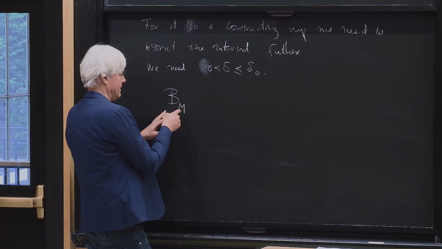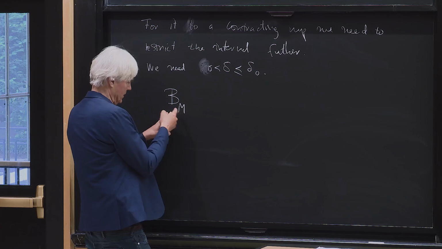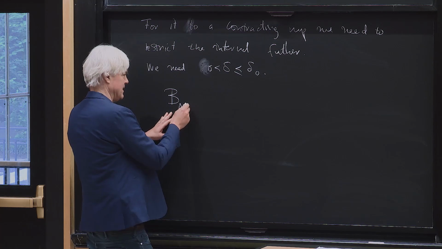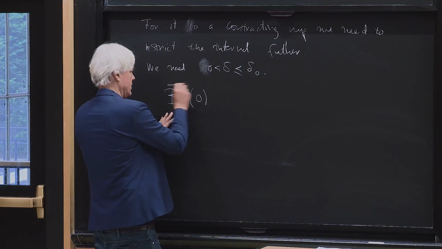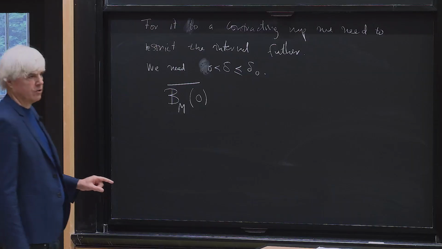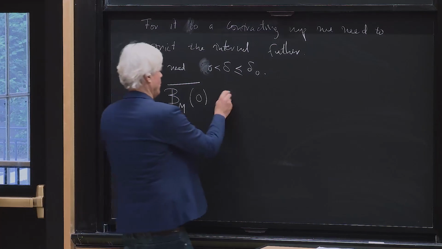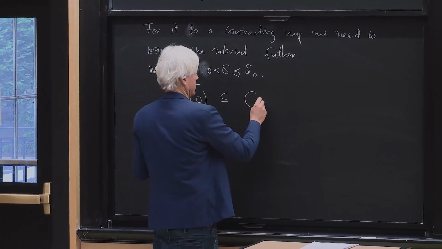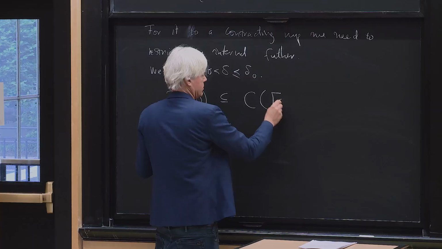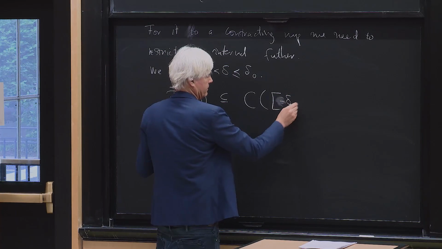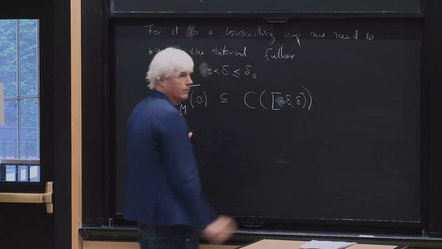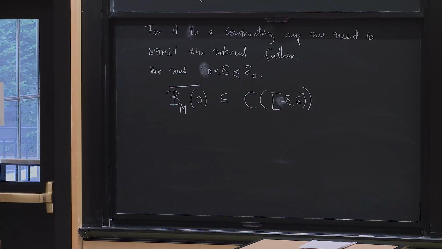I will denote the ball by the same. But this here is actually a ball in a different metric space, because this is now a ball in the continuous functions on this smaller interval. Okay, but it's not for the same radius.